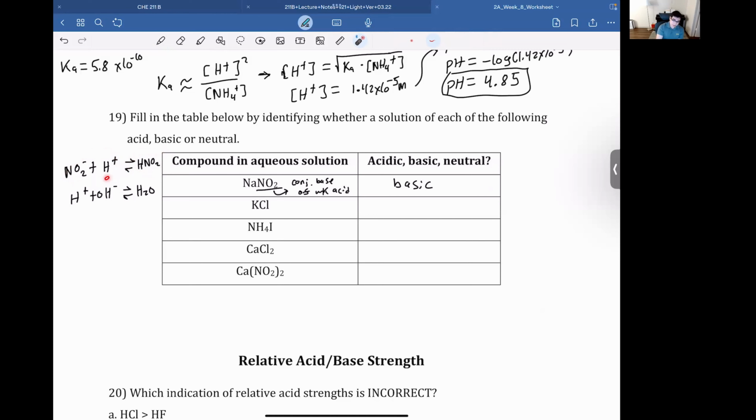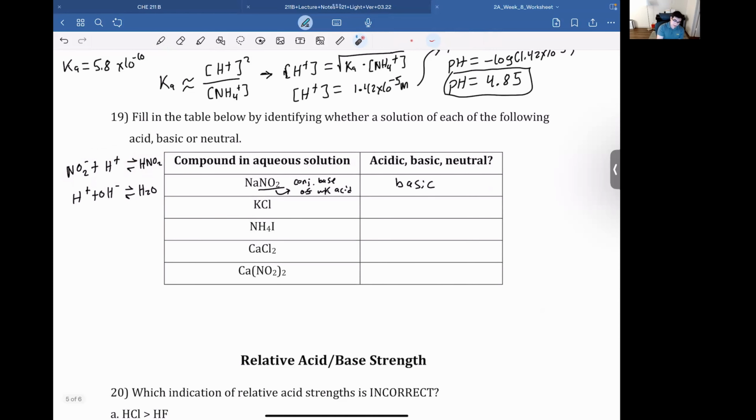Well, you're removing H pluses. If you're removing H pluses from your solution, by Le Chatelier's principle, in the second one, where you have the autoionization of water, you're going to push this reaction to the left, and you're going to produce more OH minuses. So now you no longer have the same amount of H pluses and OH minuses.